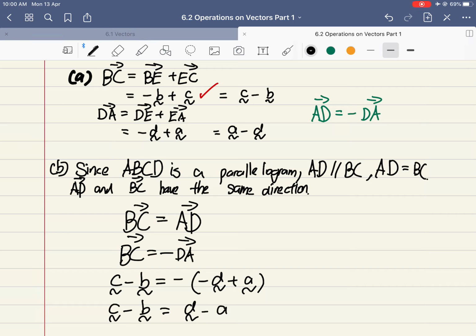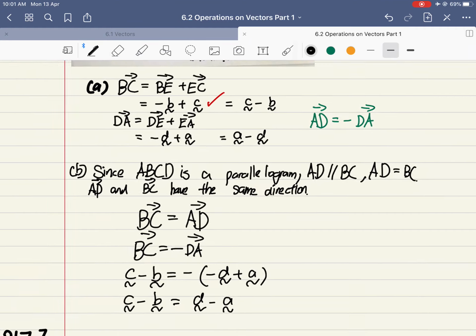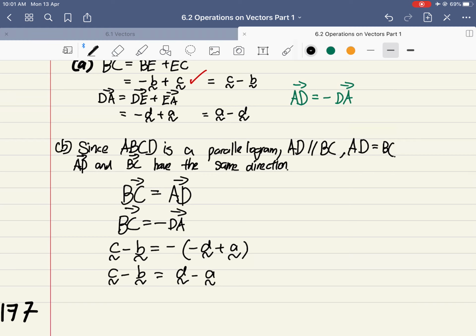C minus B equals D minus A. Therefore, if vector C minus vector B equals vector D minus vector A, how do we rearrange this?